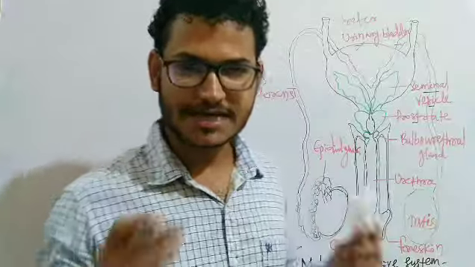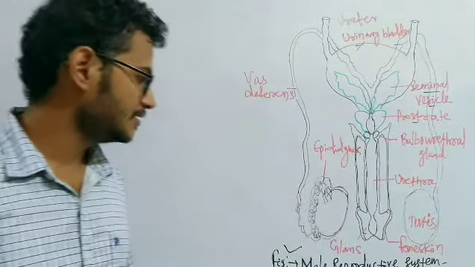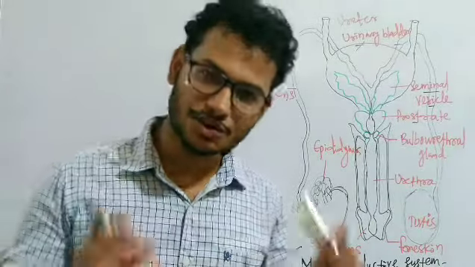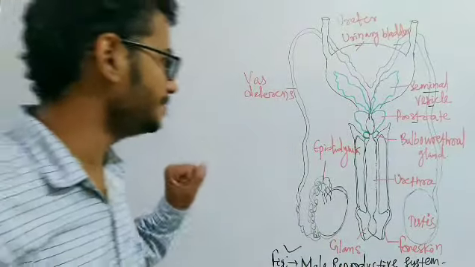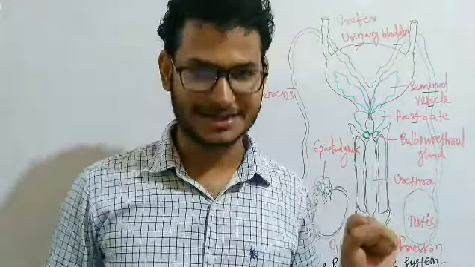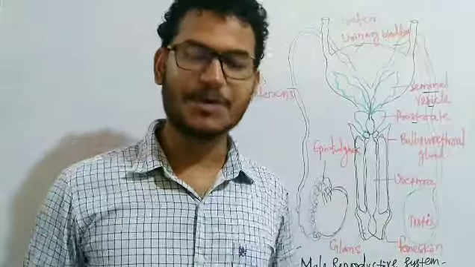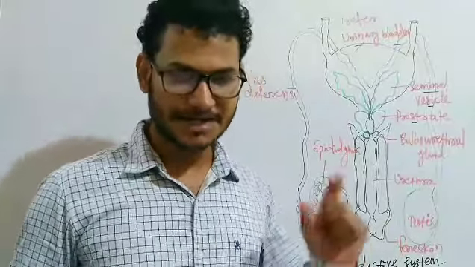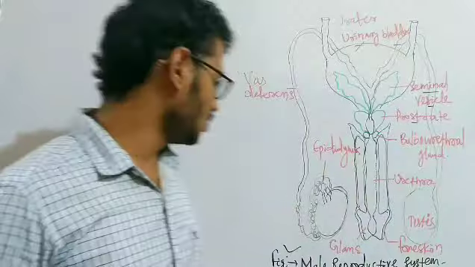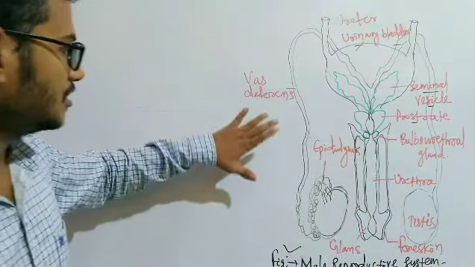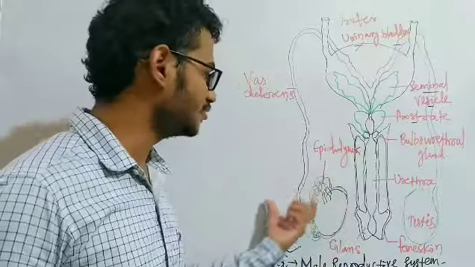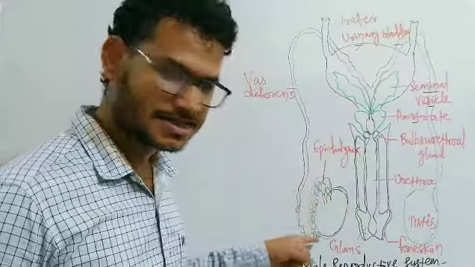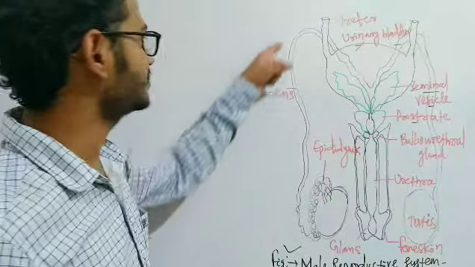So students, as I have told you, in this session we will discuss the different glands associated with the male reproductive system and different supporting structures. In my previous session, the male reproductive system part 1, we discussed the structure of the testes and different ducts associated with the testes. What are the different ducts, starting from the seminiferous tubules to the vas deferens?